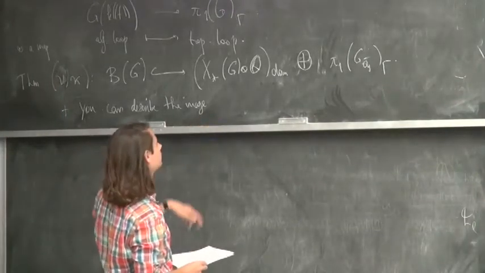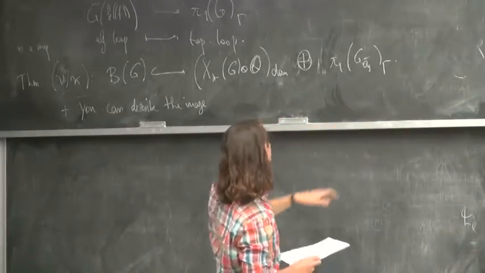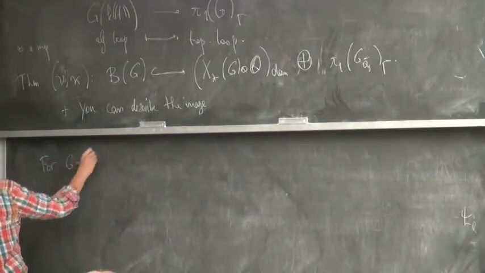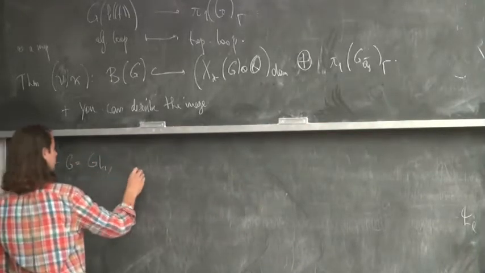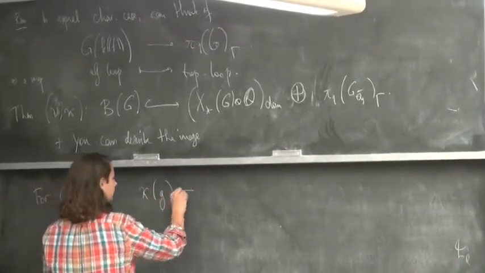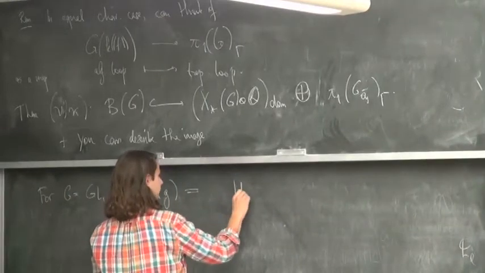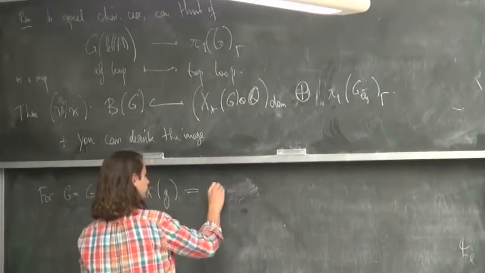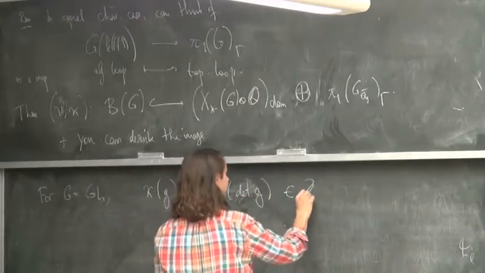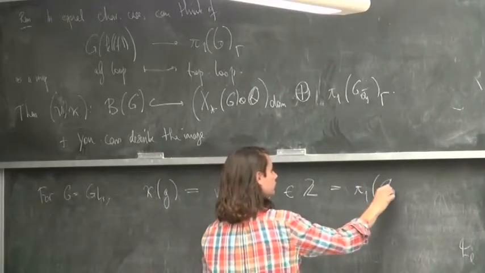So for GLN, for example, kappa of some G is just the p-adic valuation of the determinant of G, which is an element in the integers, which is pi1 of GLR.